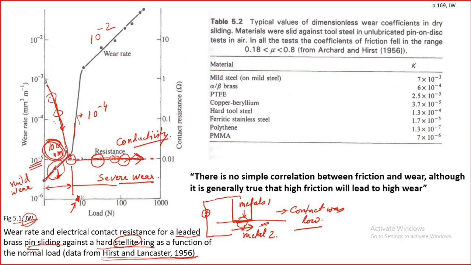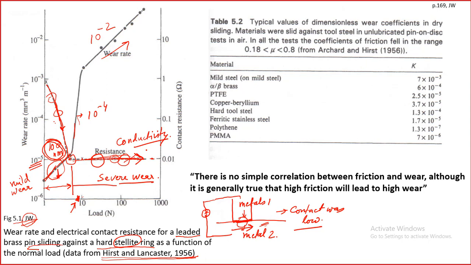Okay. So in the mild wear regime, the resistance is high. When we go to the severe wear regime, then what will happen is wear rate all of a sudden changes to a very higher value, and it may just continue. It may be fixed, or it may continue to increase. Generally it will continue to increase because some transitions are always taking place and resistance is very, very low.